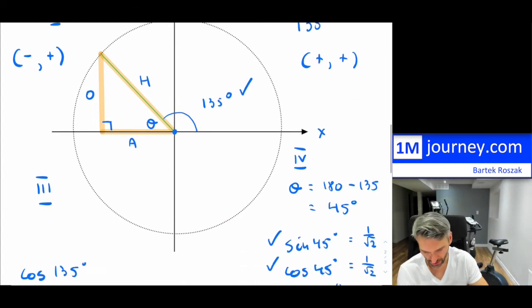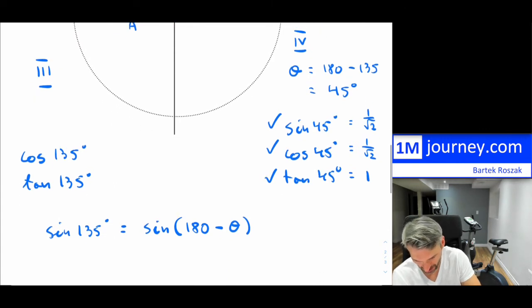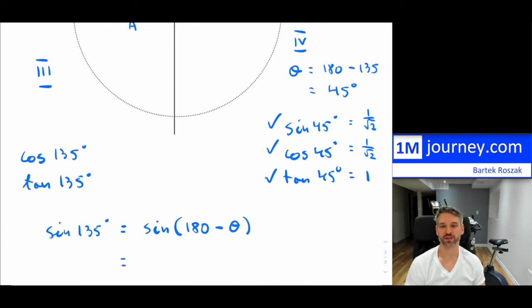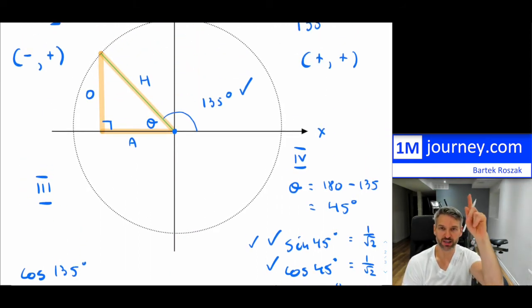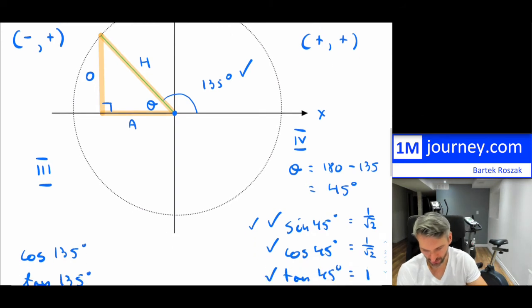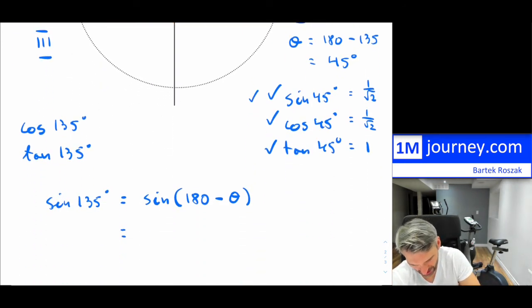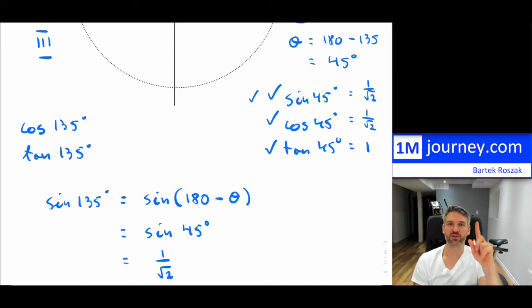So for instance, if you wanted to know what the sine of 135 is, it would be the same thing as sine of 45 degrees, because you're still going in the up direction. So it's still positive. Your opposite is still positive within here. So this is equivalent to sine of 45 degrees, which is still 1 over square root of 2. And that would have been the ratio between the opposite and the hypotenuse.